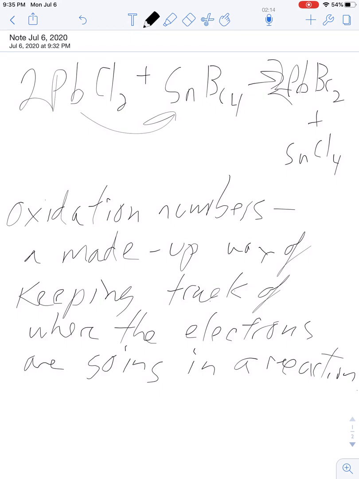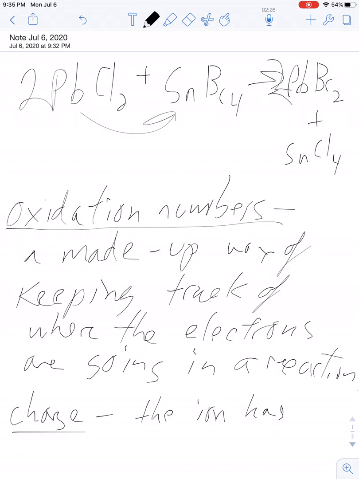A charge, on the other hand, is not made up. When you've got a charge, it means that the ion has truly lost or gained electrons.